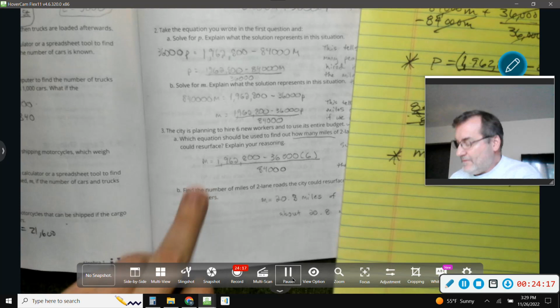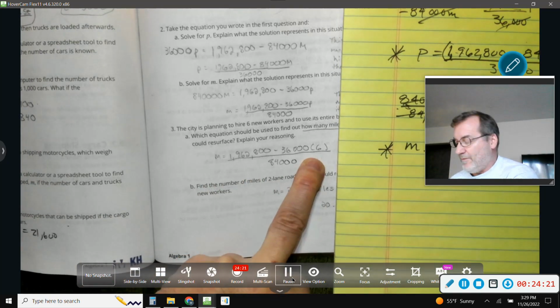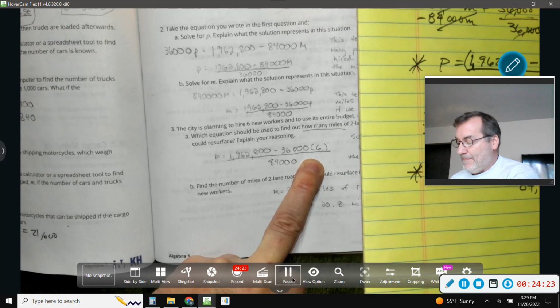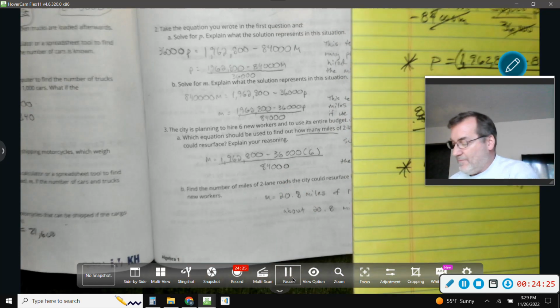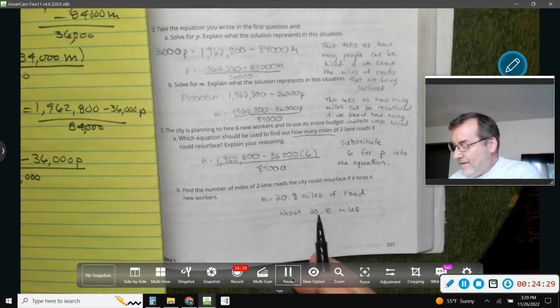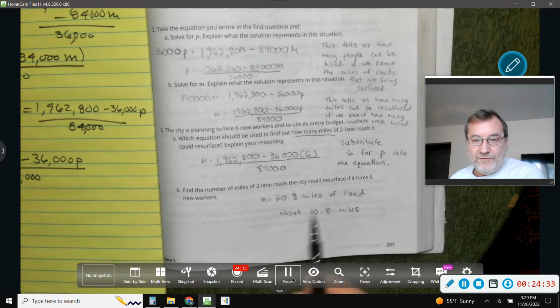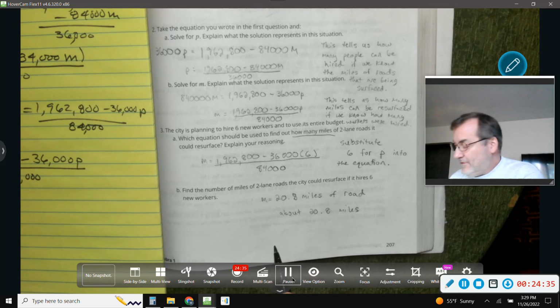All right, and so they have this thing set up right here. We have our equation set up, and they put in a 6 for the number of people. All right, and so that's how you would find that number. And when you actually go through that, you find out that you would be able to do about 20, just shy of 21 miles of road that you could go and do with that budget and with 6 people.